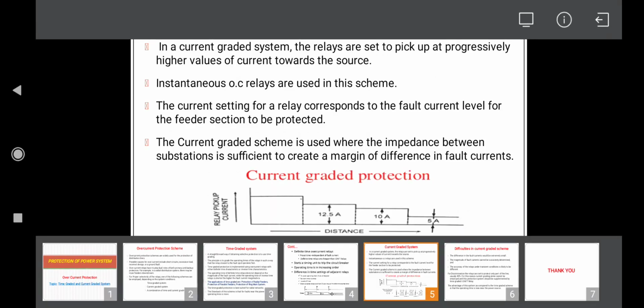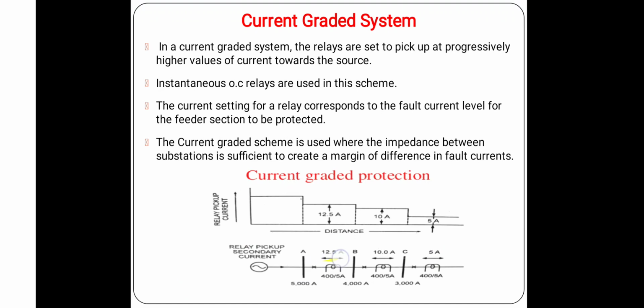In current grading, we grade the current, that means we provide zones. Here we use 12.5 ampere, 10 ampere and 5 ampere. When the current flowing is greater than 5 ampere, the relay at C operates. When the current is greater than 10 ampere, the relay at B operates, which protects the BC section.